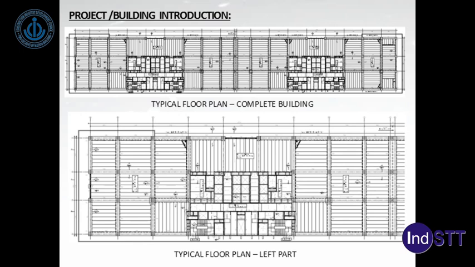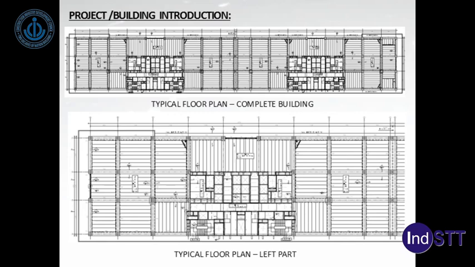So this slide shows the typical layout. As you can see, the upper plan shows a typical floor plan, and being fairly long, 200 meters, it has been divided into 2 towers separated by an expansion joint. So for the analysis purpose, 2 separate analyses were done, one for each tower.